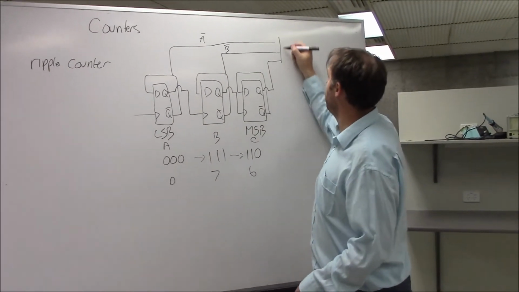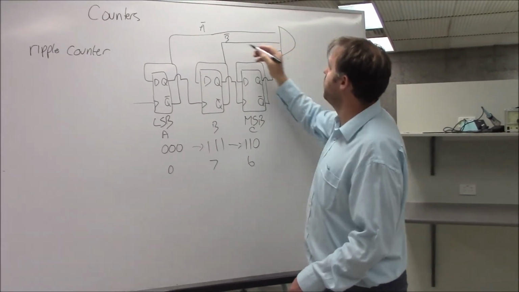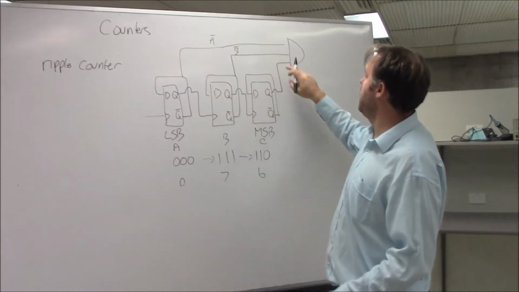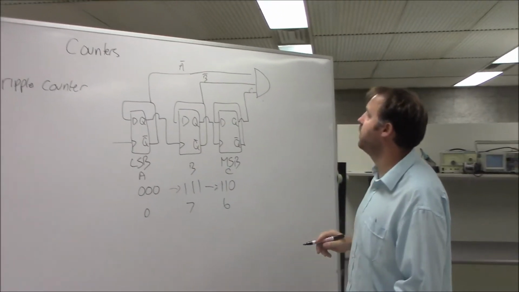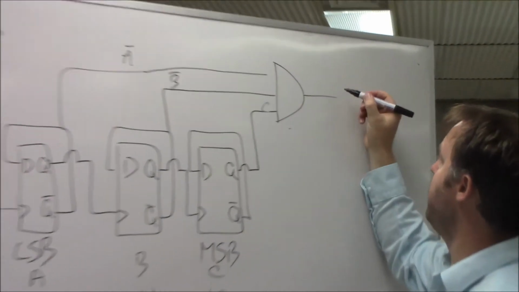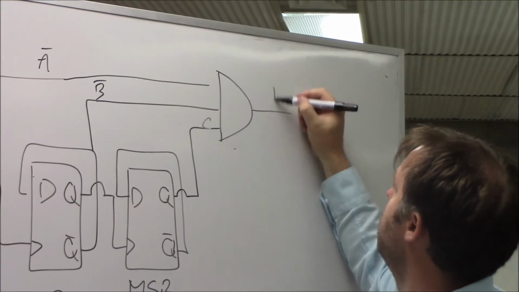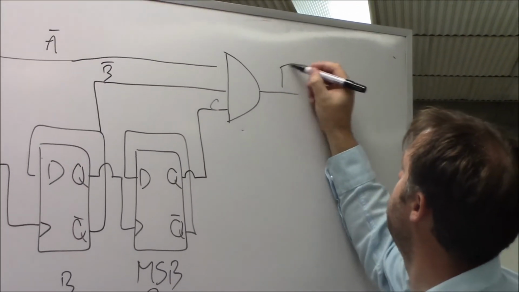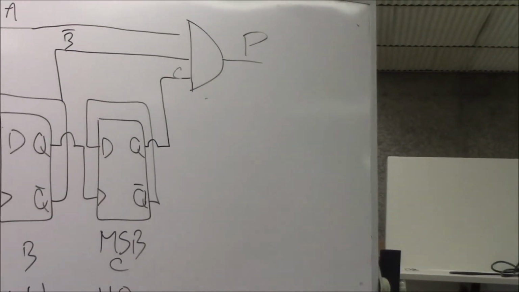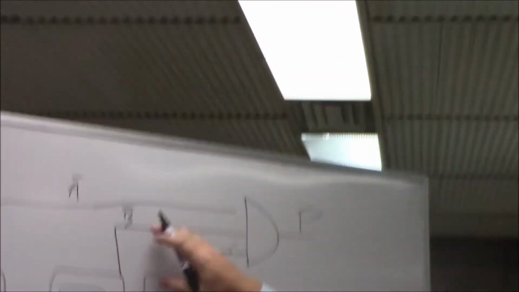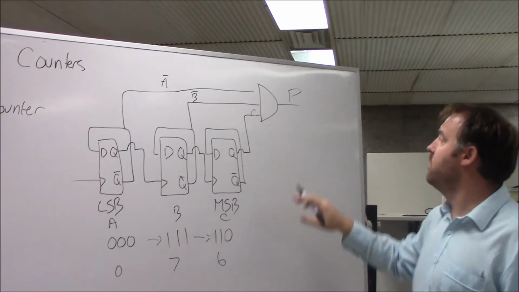So if I ANDed all those together, so not A and not B and C, would give me some output which I'm going to call P. Okay, so not A and not B and C would trigger this.